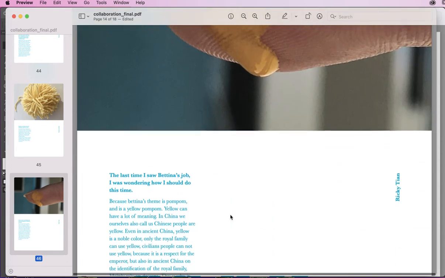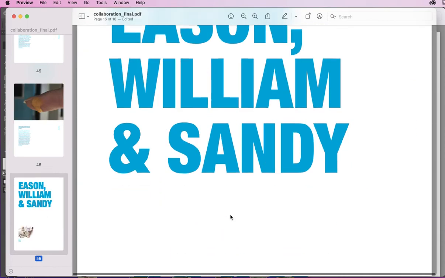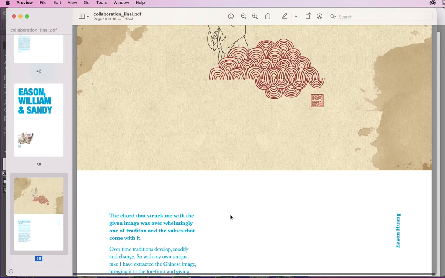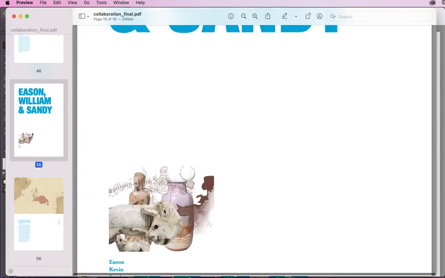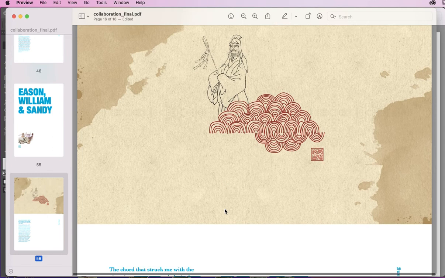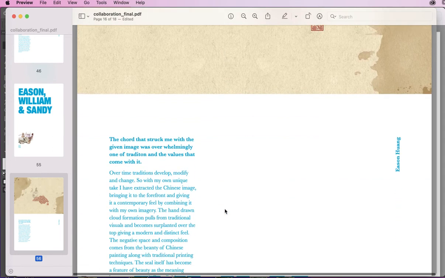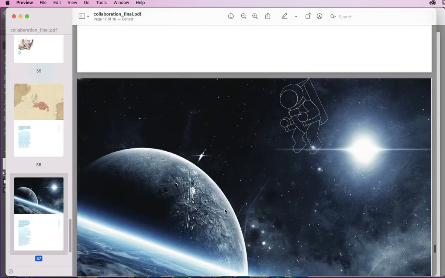So again, it's latching onto something within the previous image and expanding on it. This one here, looking at that original image, he was overwhelmed by the idea of tradition and the values that come with it. So Eason talks about that.